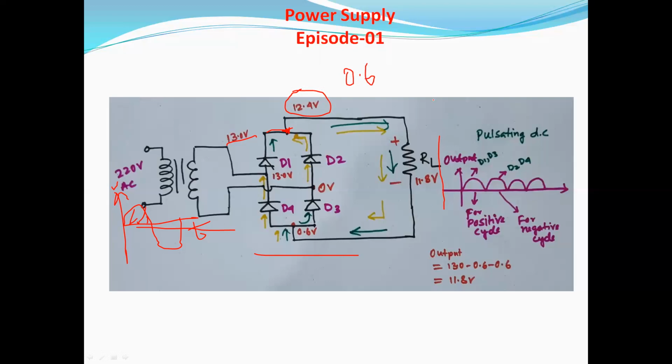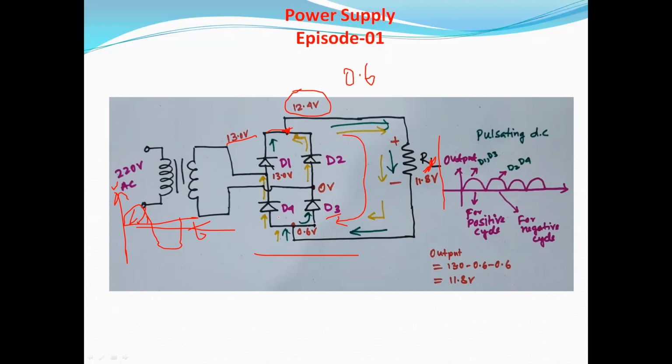If we consider RL as a load resistance, then the current will flow through this direction, RL, and close the current conducting path through D3, but no, D3, not D4.